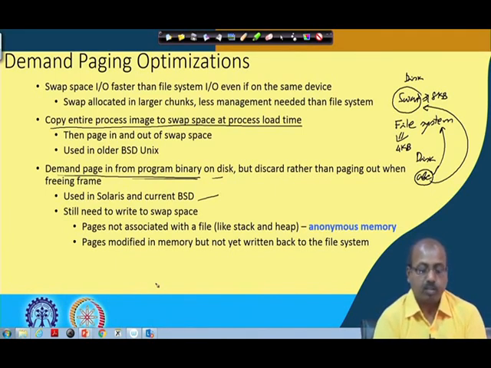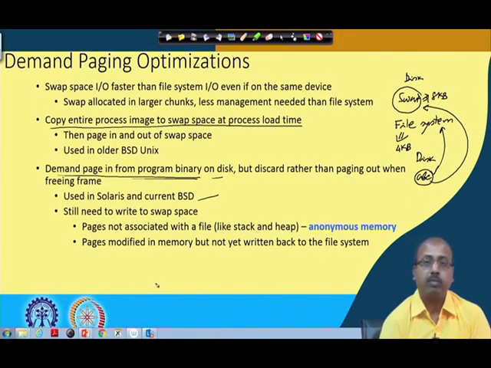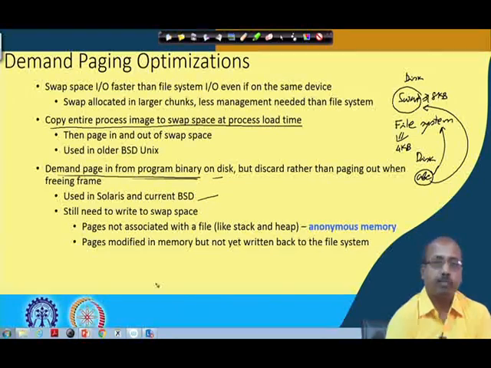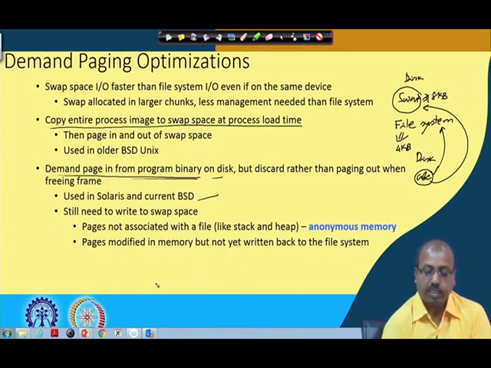The pages not associated with a file need to be written, and we call it anonymous memory, because in the executable version of the file they are non-existent. Then there are pages modified in memory but not yet written back to the file system. Some values have been modified, but not yet written onto the disk.